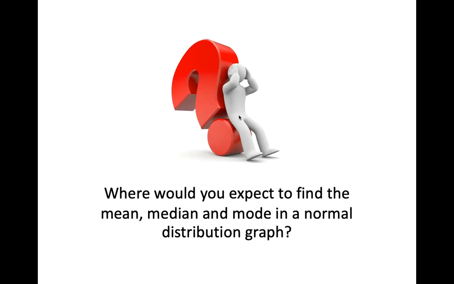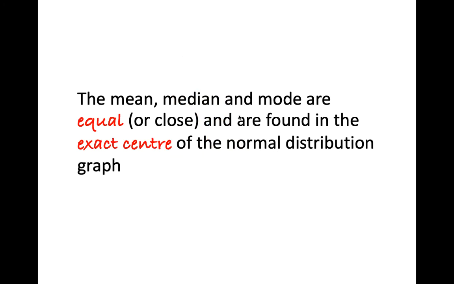Now, an important question: where would you expect to find the mean, the median, and the mode in a normal distribution graph? Well, if you've been paying attention to the definitions we've used, you would expect to find all these three things right in the center. The mean, median, and mode are equal, or pretty equal; in raw data, sometimes they're a little bit off, but they're close.